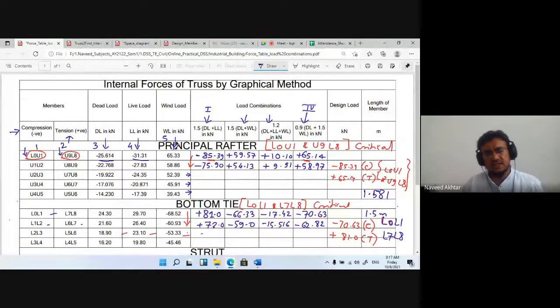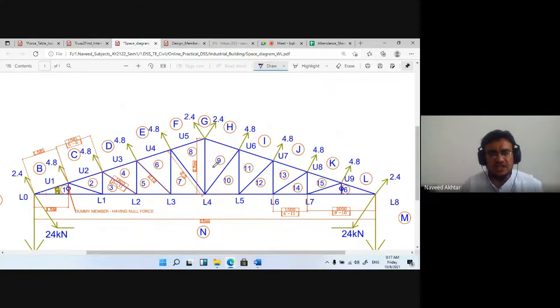Then in columns number 6 to 9 we did the load combinations, and then we selected the design load in compression and tension in column number 10, and the length of member from your space diagram, which you have drawn to scale.